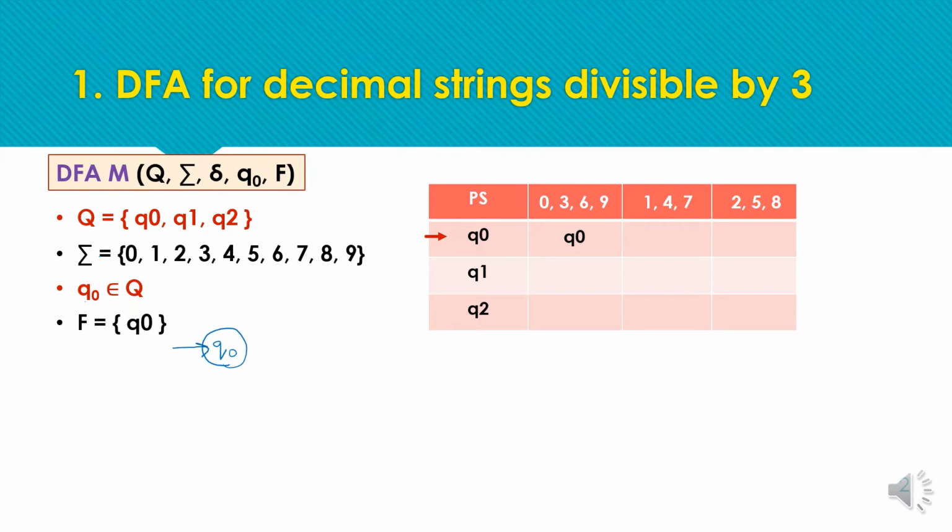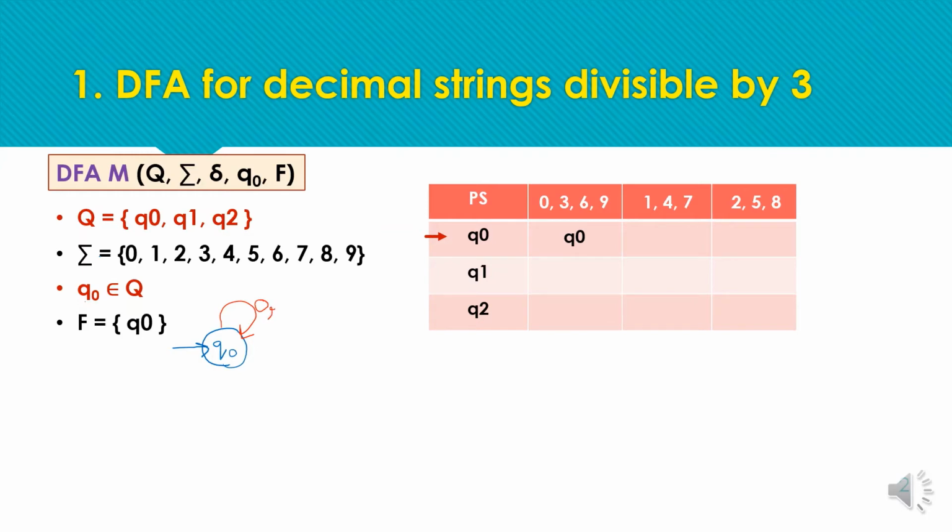Next we have to define the transition for 0, 3, 6, 9, because these are part of the first set. We can consider any of the symbols because all the symbols of this set are going to have the same transitions. So let's consider 0. On getting a 0 at Q naught, for 0 we will have remainder 0, so we must be at the state Q naught itself.